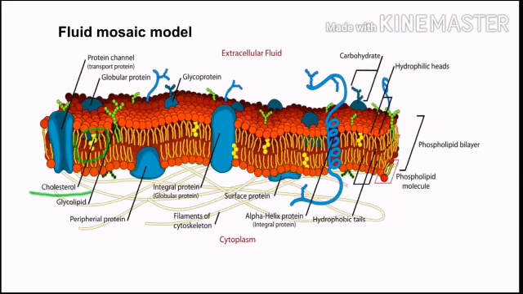You have things like cholesterol embedded. Cholesterol is a lipid, so it's going to sit in the hydrophobic part of the membrane, and that actually helps with the fluidity of the membrane, making sure it is not too fluid or too stiff.